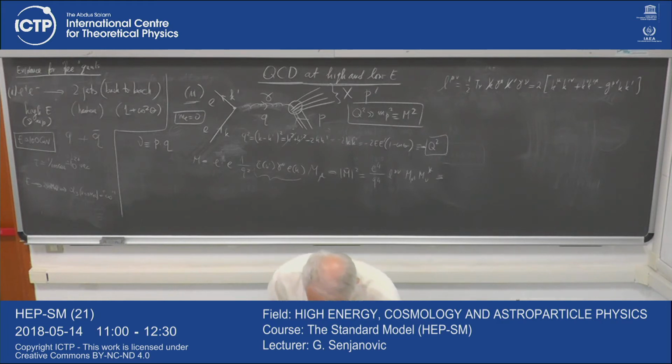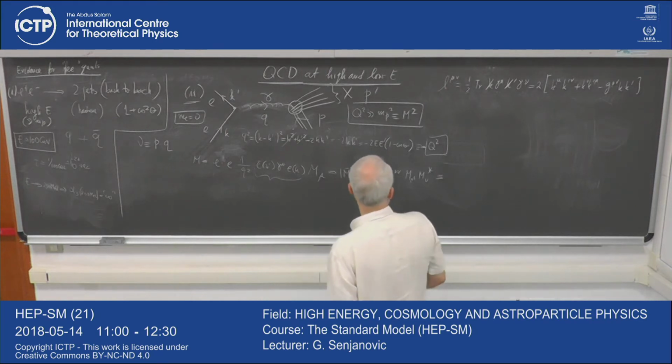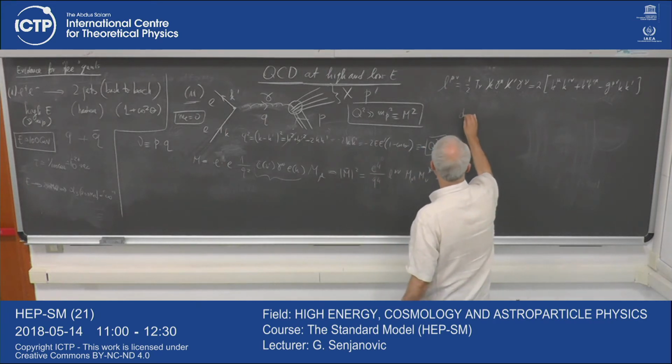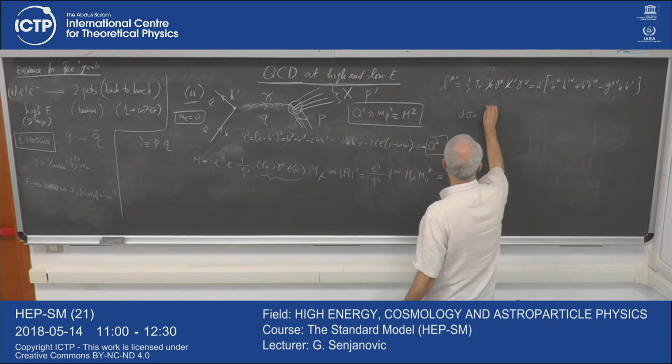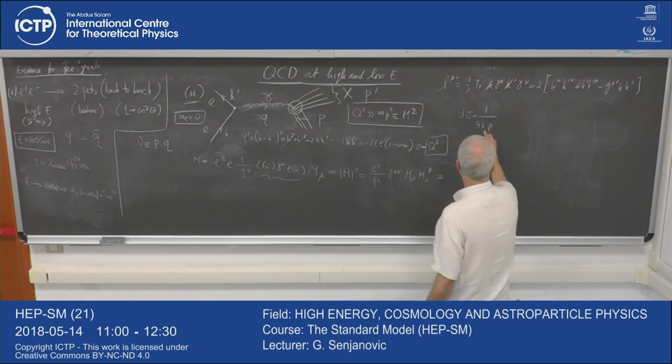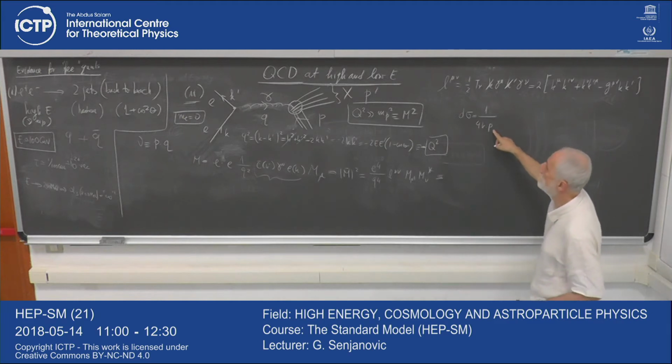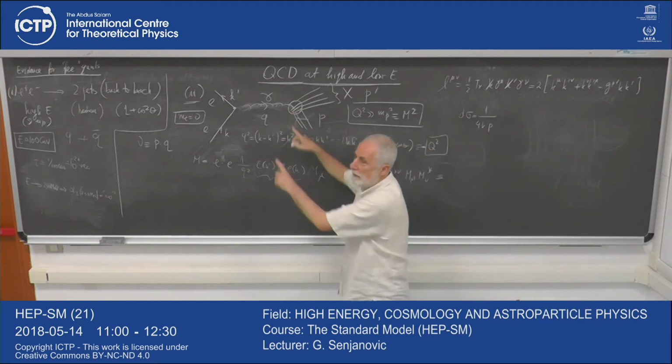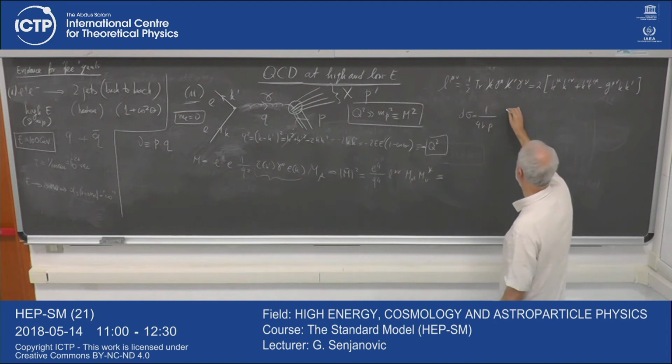Right. Well, okay, in other words, maybe I could be a little more precise. I could write the d sigma cross section. Let me just remind you, there is a 1 over 4 k times p, the product of the initial momentum. I don't know if you remember this formula.